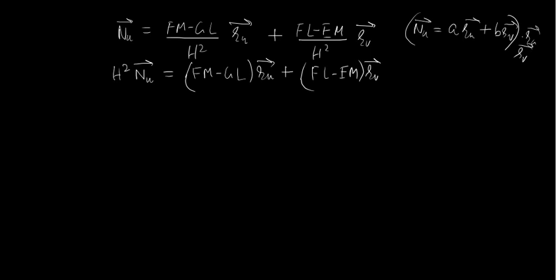Similarly, I can take n sub v and write it as some linear combination of r sub u and r sub v, because I know it lies inside the tangent plane. And then I again do the same thing.